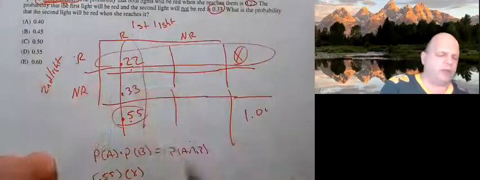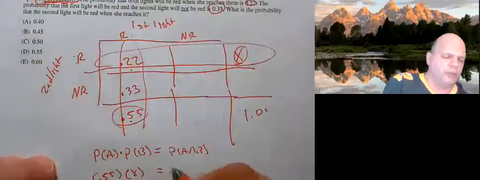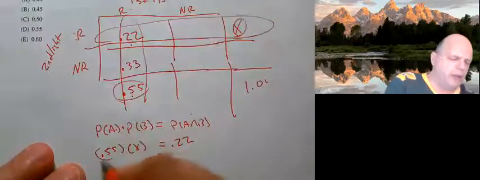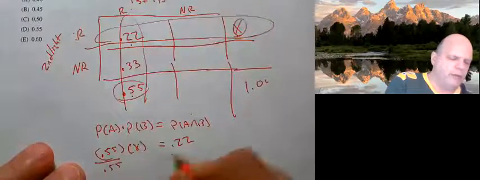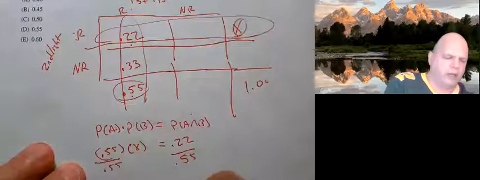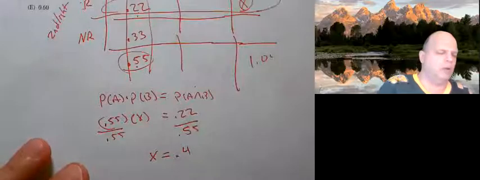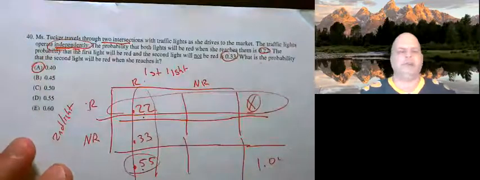And I know that's my intersection because that's where it crossed. Doing some fancy algebra, I'm going to divide both sides by 0.55. And I get X equals 0.4. And so my answer to number 40 is A. All right.